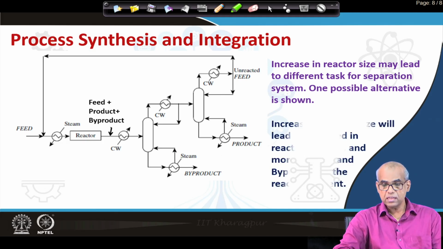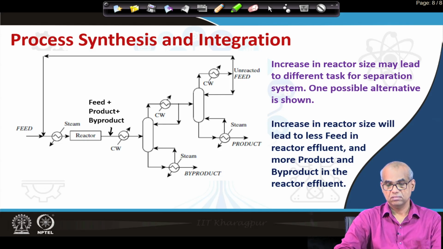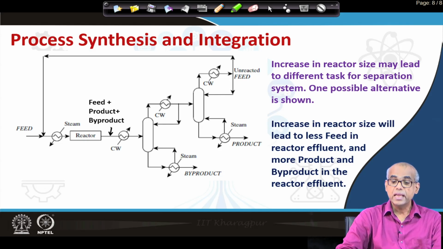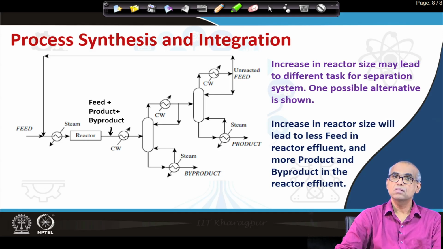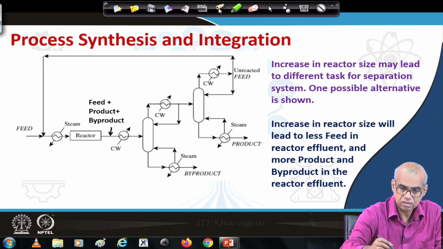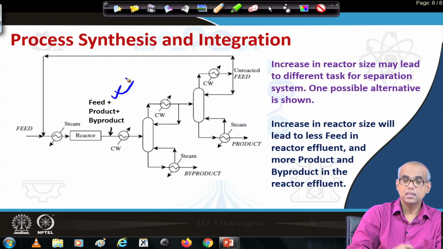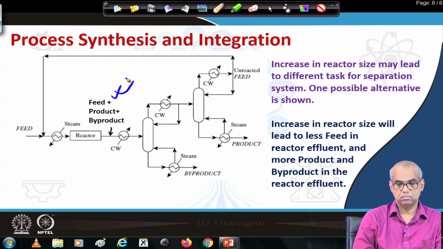Because when you increase the reactor size, there may be less feed in the effluent from the reactor, but there will be more product and byproduct. So, more of the feed is getting converted to product and byproduct. The effluent stream now contains less unreacted feed and more product and byproduct. So, this may lead to a different task for the separation system.